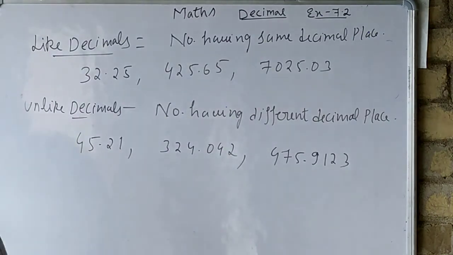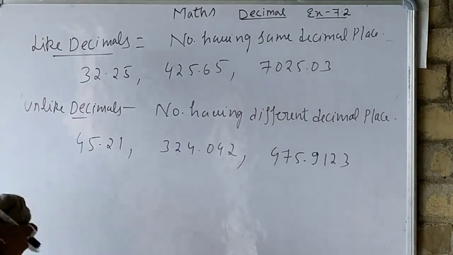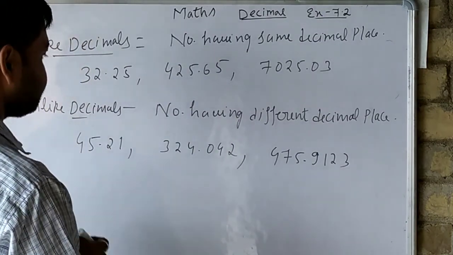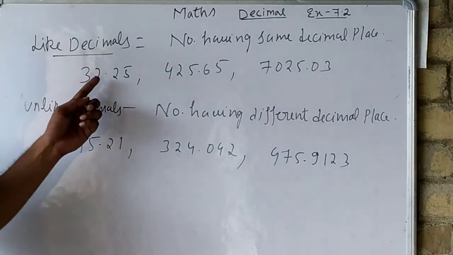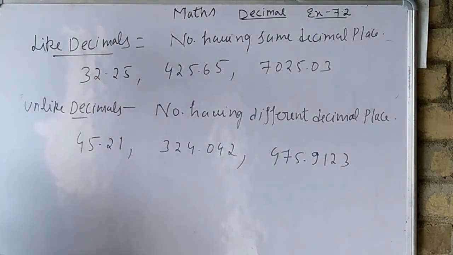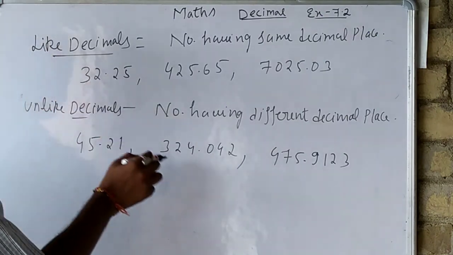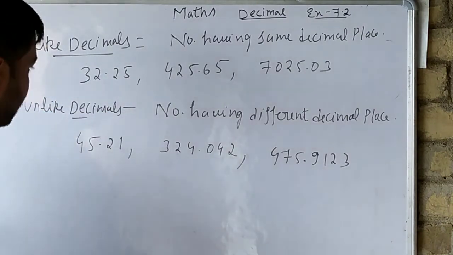Now we can convert unlike decimals to like decimals. For example, suppose we have 32.25 and 324.042. We can make them like decimals. How will we make it?